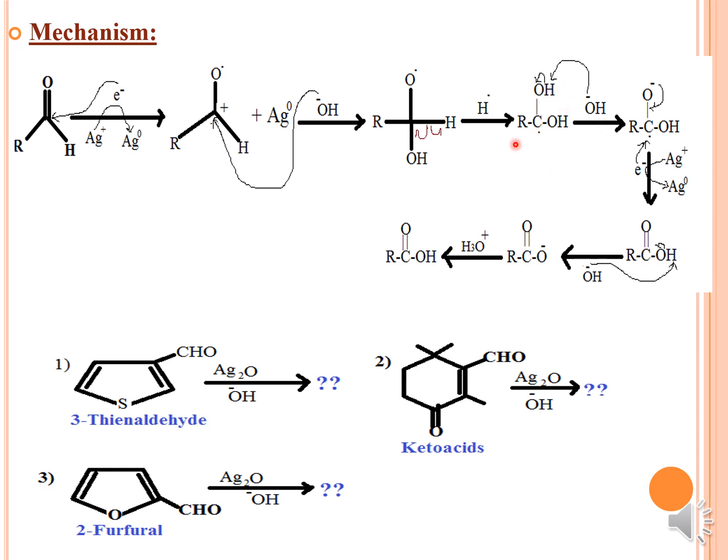Okay, so this radical combines with the hydrogen radical to form the OH. So you are getting R, C radical, OH, bond OH, OH. Alright, and then again there is the attack of the base NaOH. So OH minus will go and abstract the proton, and the bond shifts, making it a negative charge. That is your radical anion formation taking place.